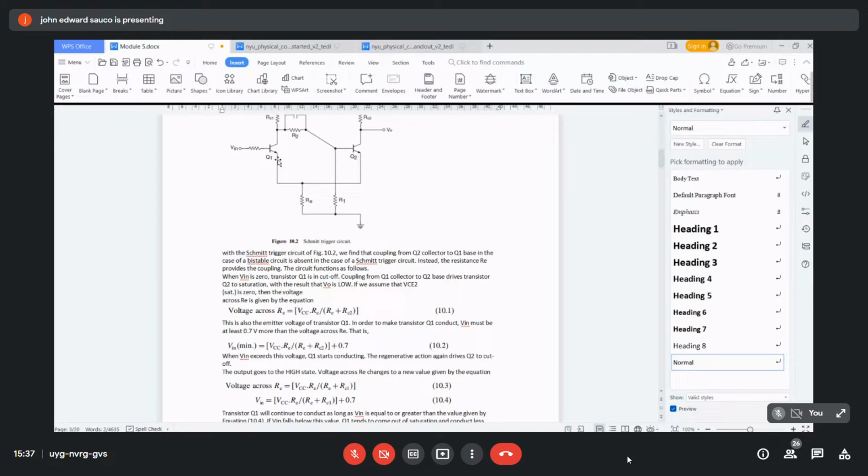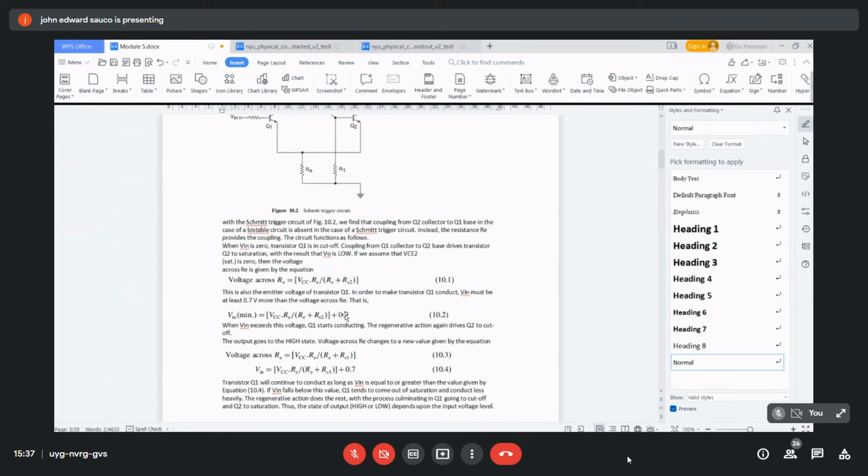To make transistor Q1 conduct, Vin must be at least 0.7 V more than the voltage across RE. That is why the formula has an added 0.7. So, when Vin exceeds this voltage, Q1 starts conducting.